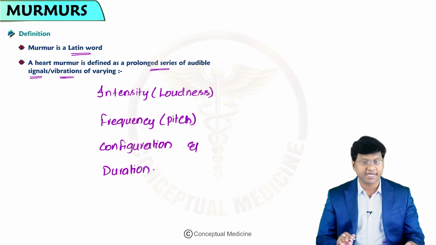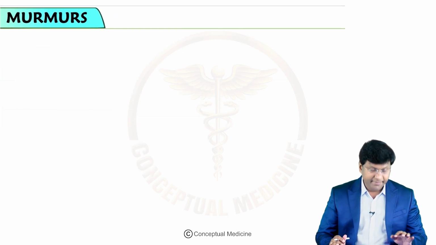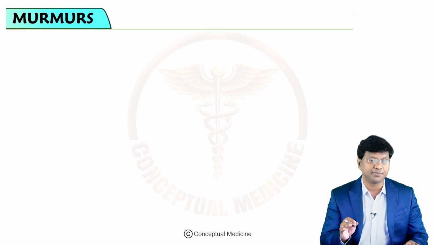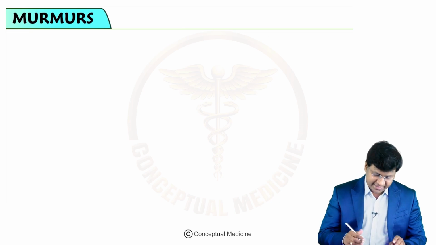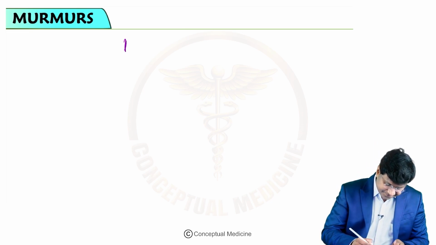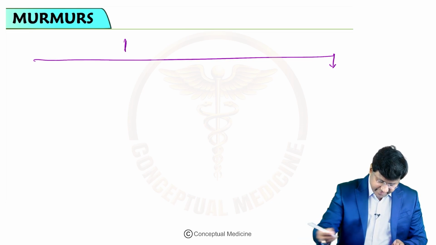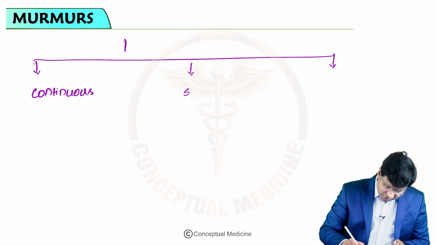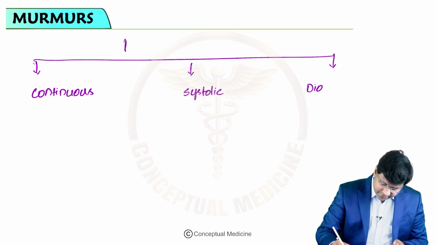Now this particular cardiac murmurs, let me tell you, depending upon the duration and as well as depending upon the timing of the cardiac cycle, they have been classified as the continuous murmurs, systolic murmurs, and then diastolic murmurs.